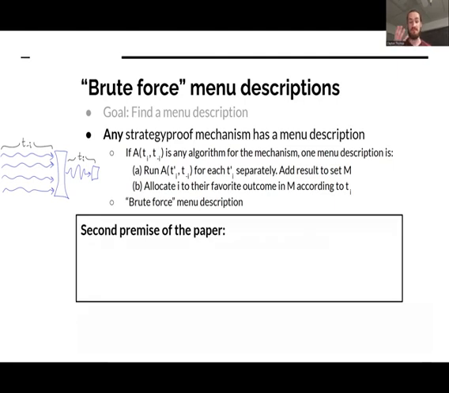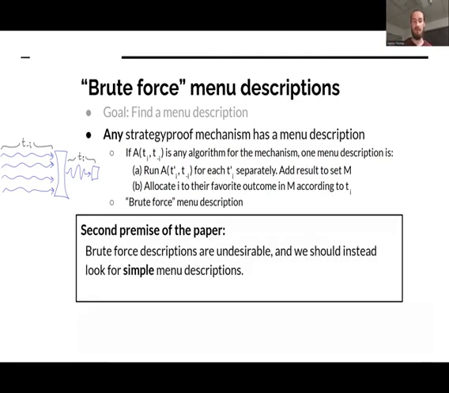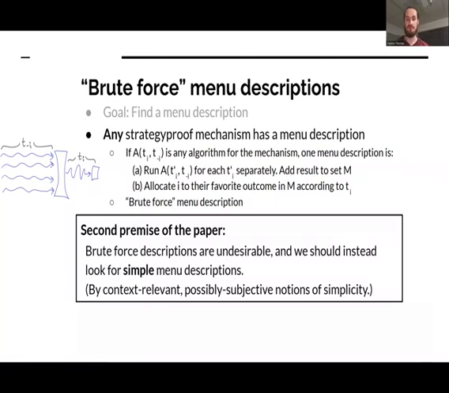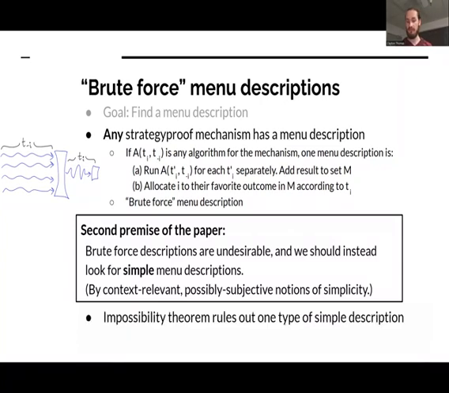And this brings us to the second premise of the paper, that brute force descriptions such as this, or any generally complicated description, are really undesirable. Instead, we should look for simple menu descriptions, likely via context-relevant, possibly subjective notions of simplicity. And indeed, the impossibility theorem I've already presented in this talk rules out one category of simple descriptions.